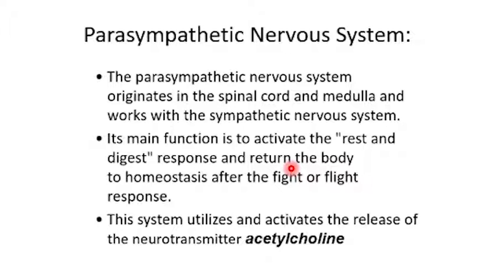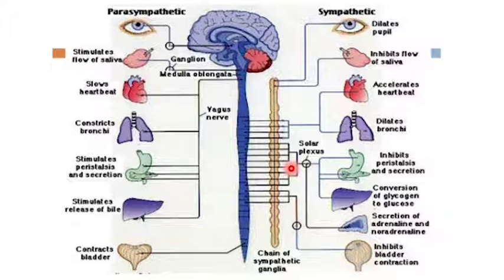The parasympathetic nervous system arises from craniosacral, and it's a rest and digest sort of response, and it utilizes acetylcholine as its neurotransmitter. Broadly, these are the expected effects of the parasympathetic and the sympathetic nervous system.